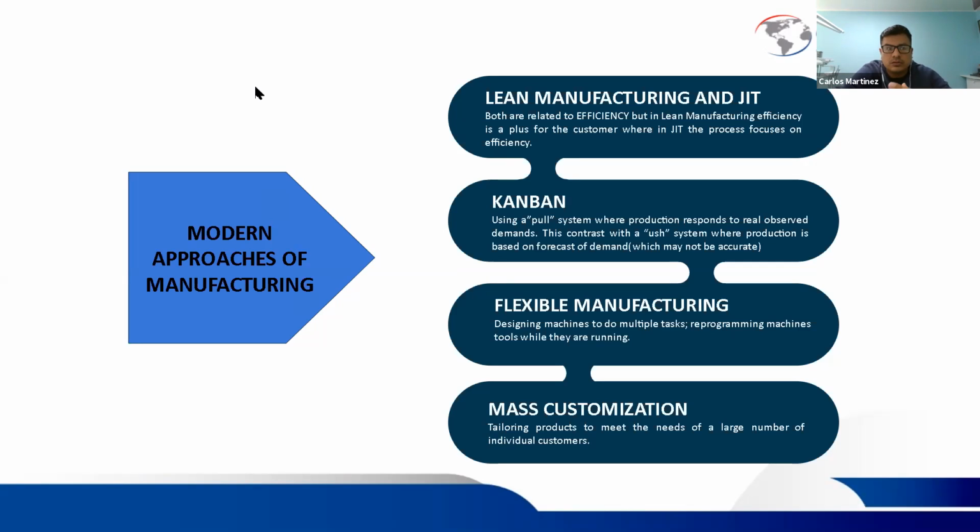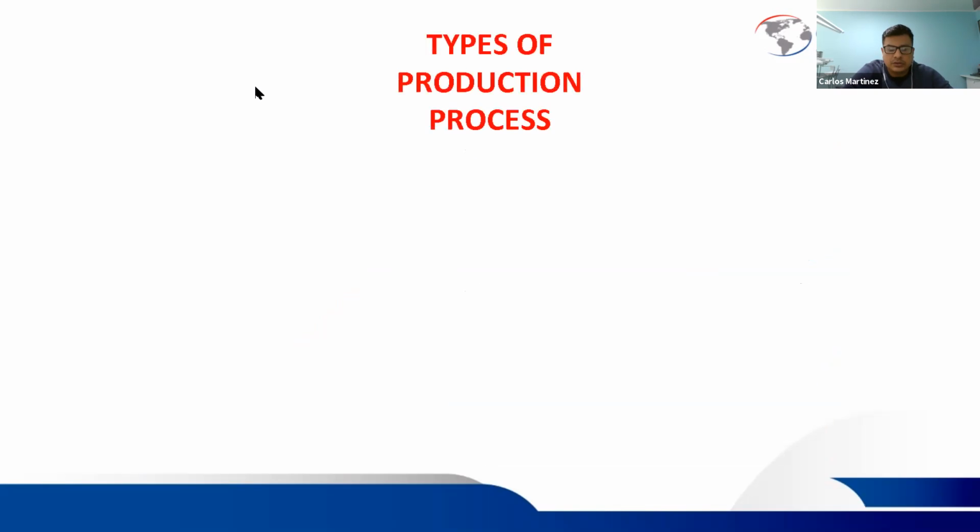Flexible manufacturing is when the process of manufacturing can be modified and edited during the whole process. And of course, this is recognized by, again, the machines that run the machines. And mass customization is when we tailor products to meet a large group of individual customers. Okay, so these products are made specifically for this type of customers.